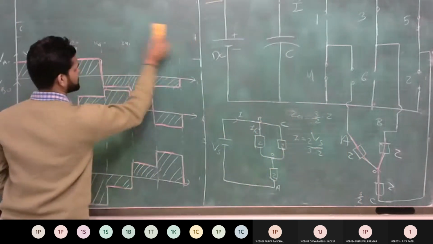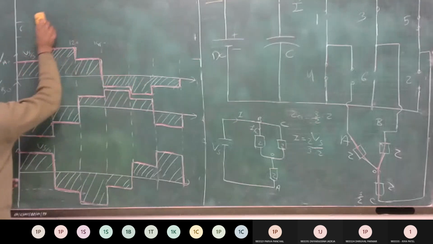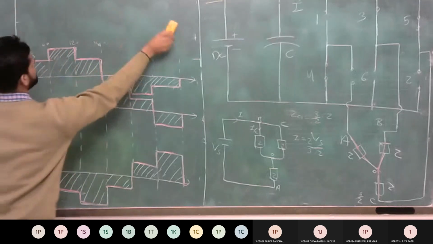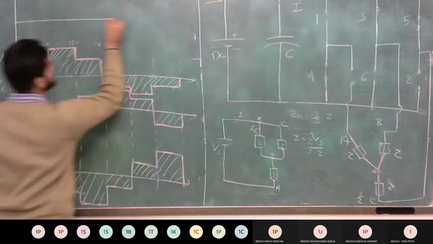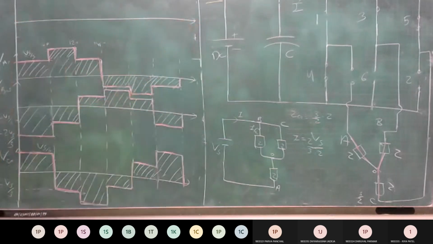So here I draw the first line voltage VAB. All of you can see this here.